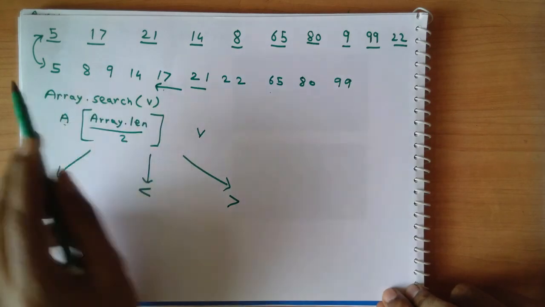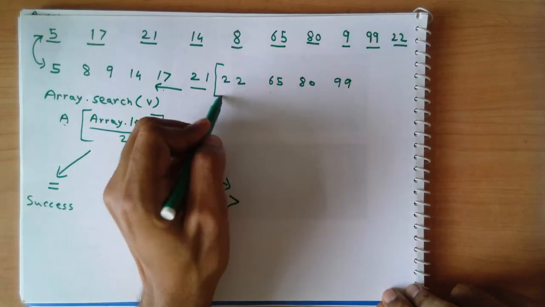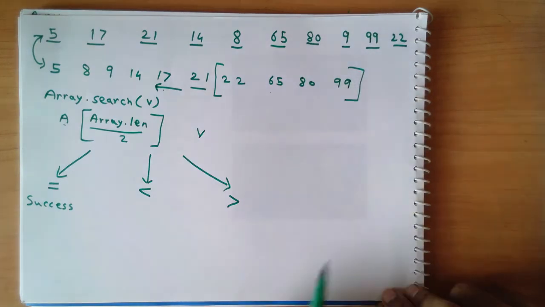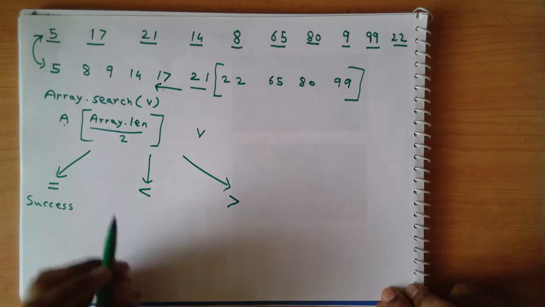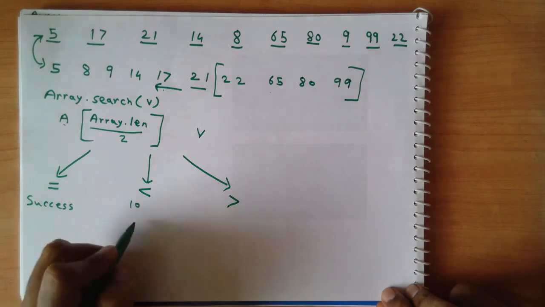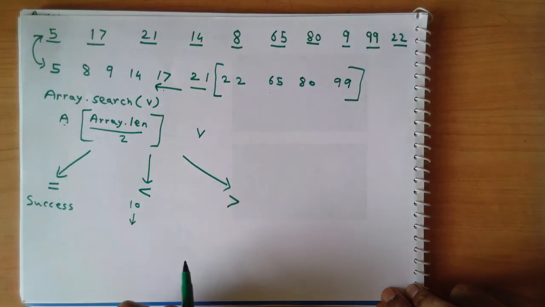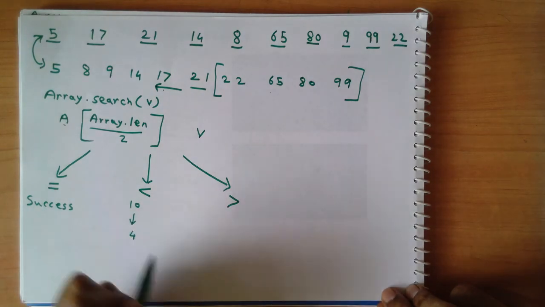So now I can focus only on the remaining part, the right hand half. So effectively what I have done is, now I have reduced my search problem from searching in an array of size 10 to searching in an array of size 4.